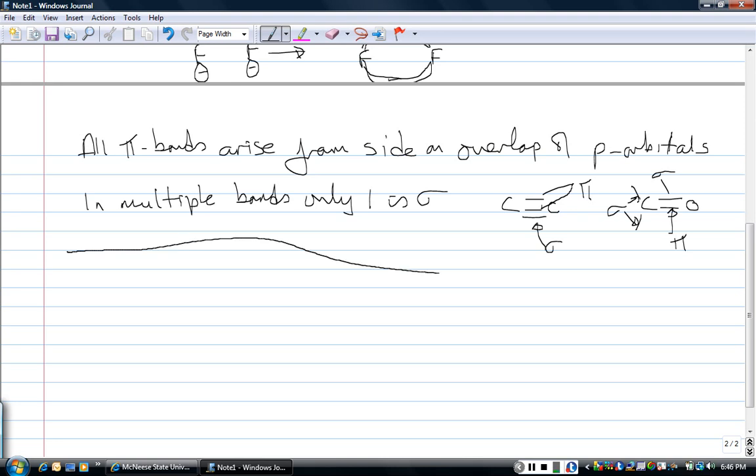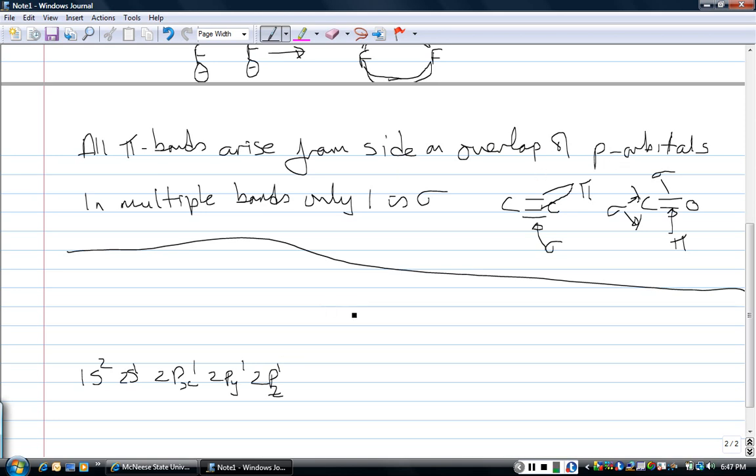If in the second point we said all pi bonds are formed by p-p overlap, when my carbon, which begins as 1s2 2s1 2px1 2py1 2pz1, is going to form one pi bond, then it must reserve one p orbital for pi bond formation, because all pi bonds arise from side-on p-p overlap.